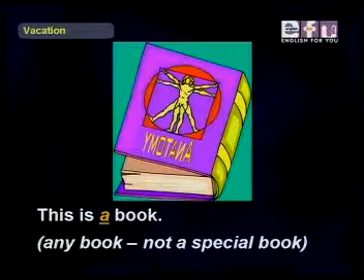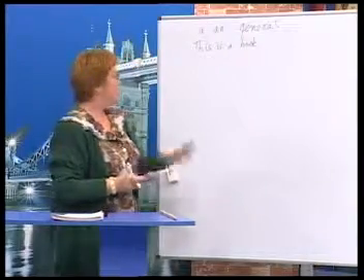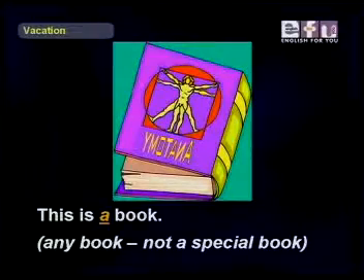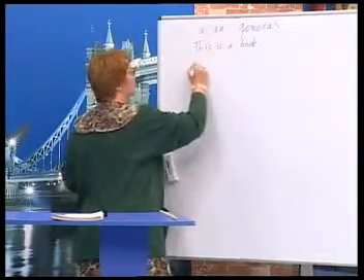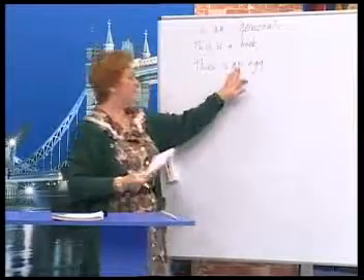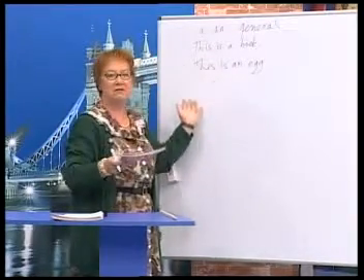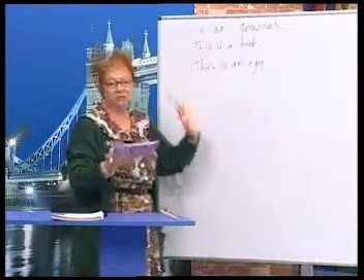General. It's any book. It's not a special book. Here's one. This is an egg. And we had to use an because of the E. This is an egg. General. It's not a special egg, it's general.